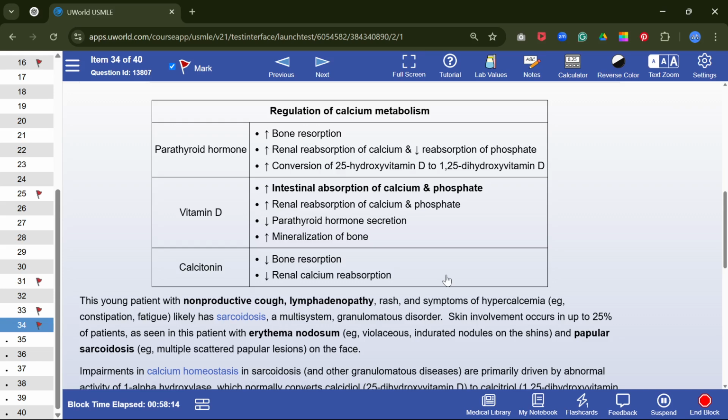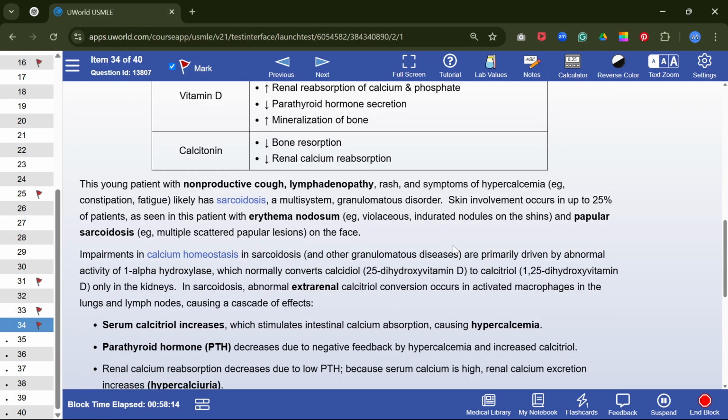Multiple scattered papular lesions on the face. Impairment of calcium homeostasis in sarcoidosis is primarily driven by 1-alpha hydroxylase activity, which normally converts calcidiol, 25-hydroxy vitamin D, into calcitriol, 1,25-dihydroxy vitamin D, only in the kidneys.